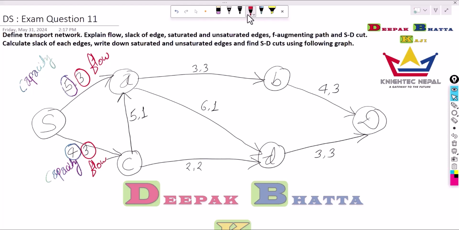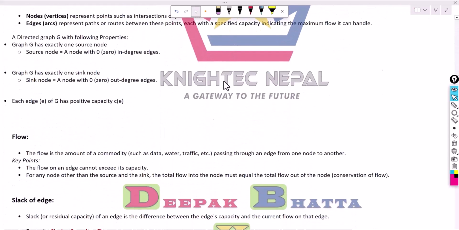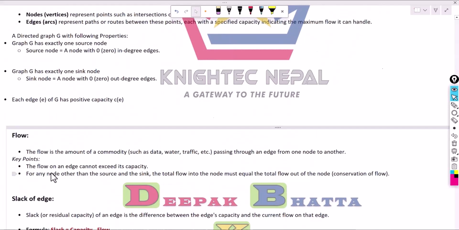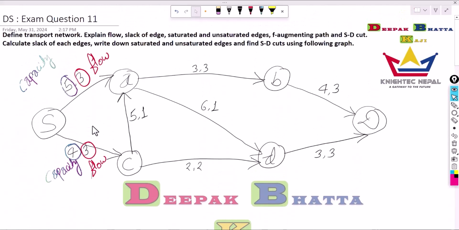All right, so you need to determine which one is capacity and which one is flow from the given diagram. The definition tells you that the flow on an edge cannot exceed its capacity. So this capacity value must be greater than the flow value. You can observe this in every edge of the given graph.